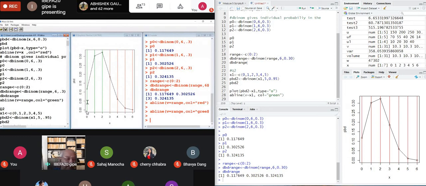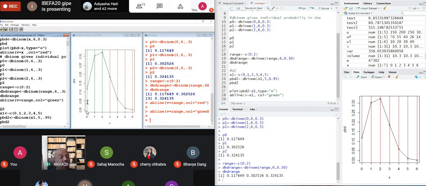Let us complete systematically now. Somebody asked me, sir, why don't we compute for 0, 1, 2 at a time? I have done it, and I have shown that on a graph by a different color. So what does dbinom stand for? Binomial distribution.